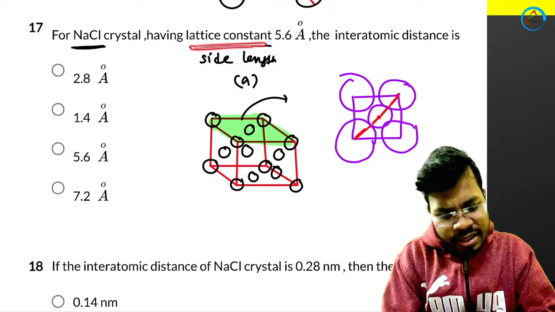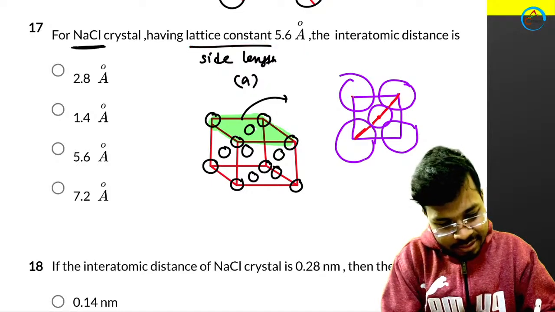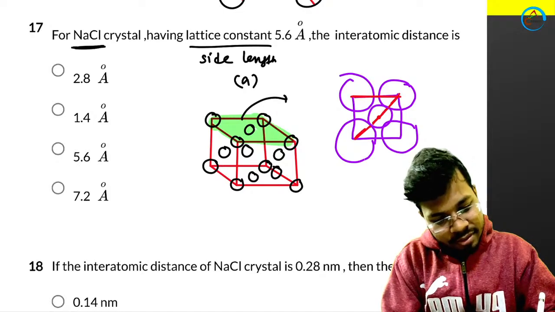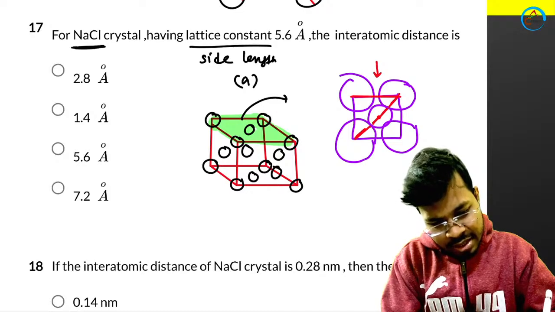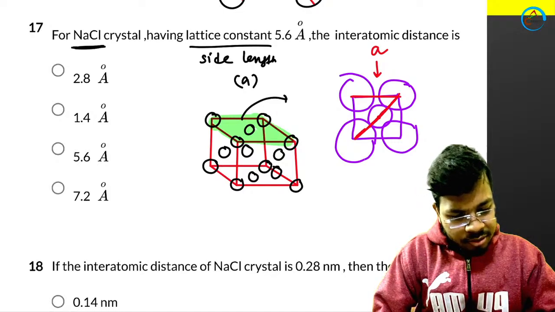The lattice constant is given as 5.6 Angstrom. Lattice constant means side A. Now what will be the length of this diagonal for FCC?